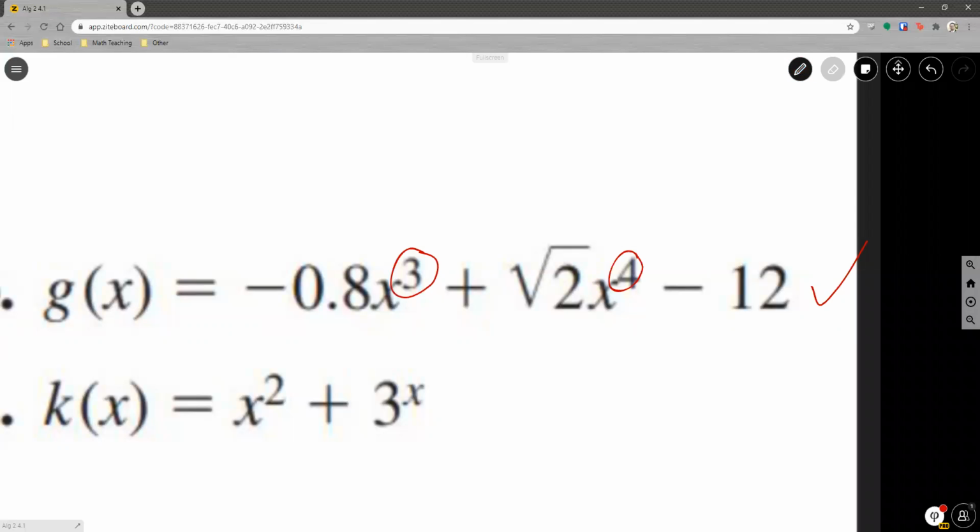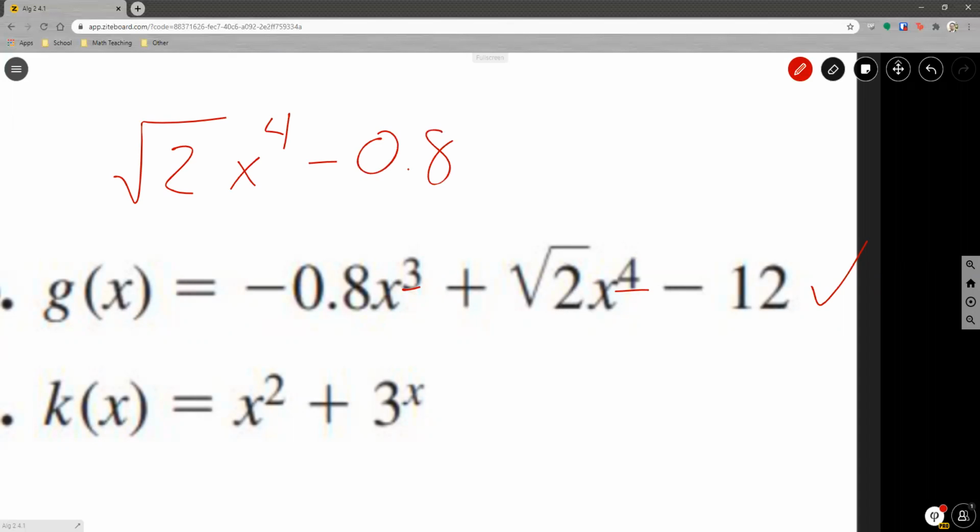Next up, I've got to write this in the correct order. Well, my highest power is the fourth power, so I'm going to write square root of 2 times x to the fourth. That's my first term. Then the second one will be my third power, so minus 0.8 x to the third. And then finally, my last term is just that -12, the constant term that we have.